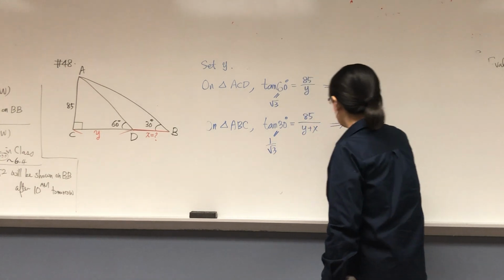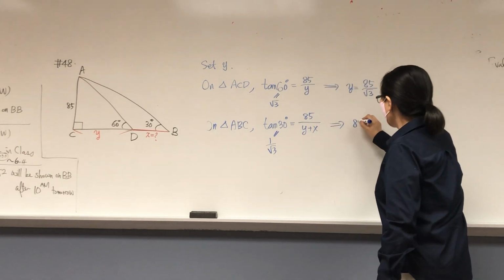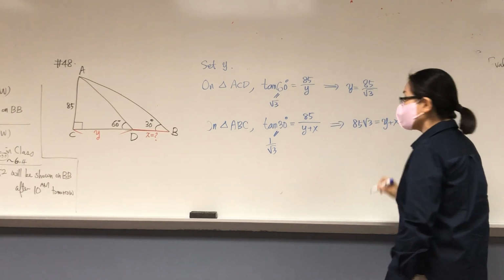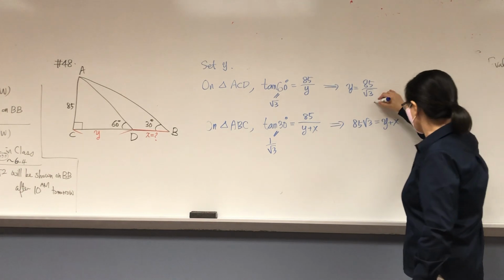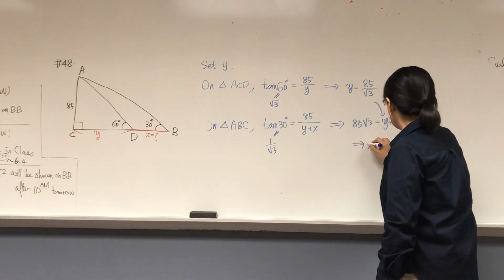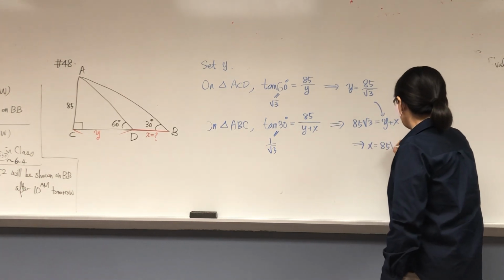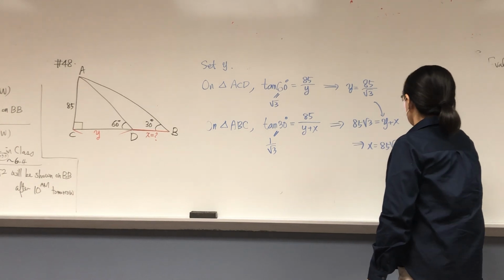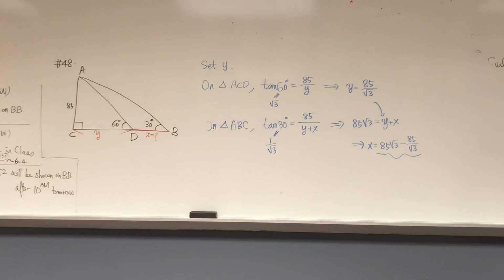So cross multiplication: 85 square root of 3 equals y plus x. Am I right? Yes. And you already know y. So x equals 85 square root of 3 minus 85 over square root of 3. Of course it's weird, but that's the answer.